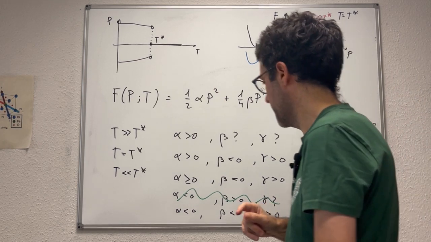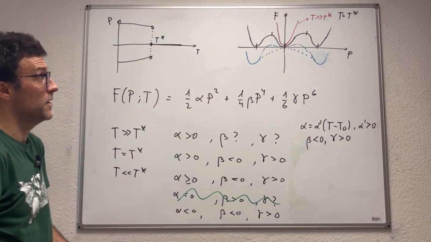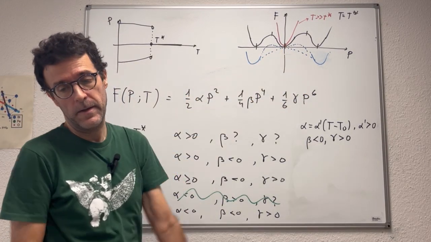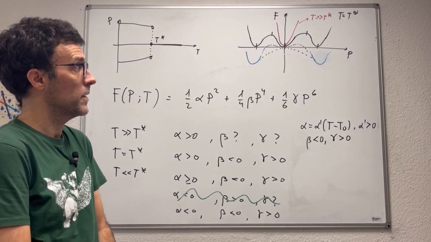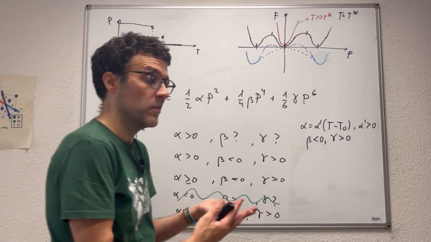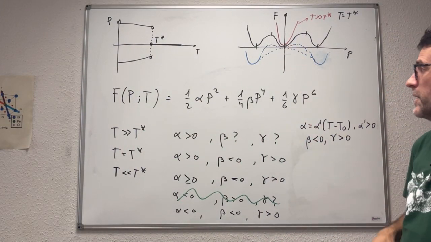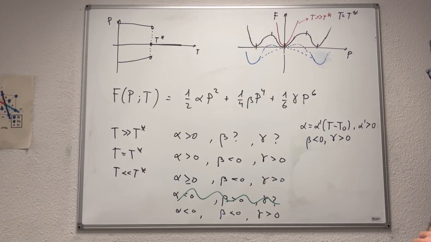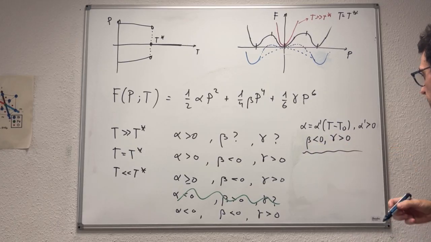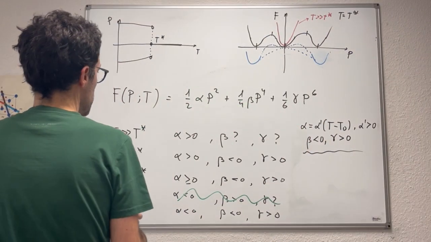So in fact, T0 marks the limit of stability of the phase with zero polarization. For T0 positive, there will be temperatures where this state is not a minimum. All right, for the time being, let's just stick to this choice.